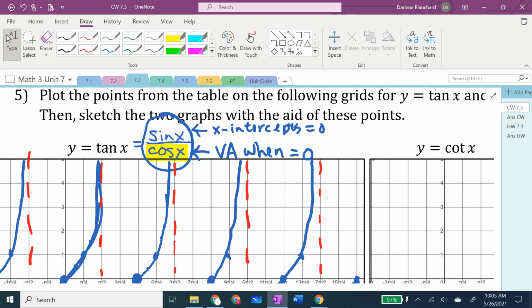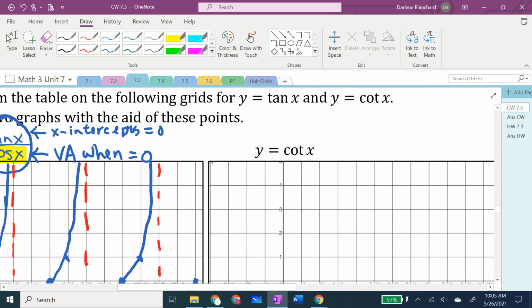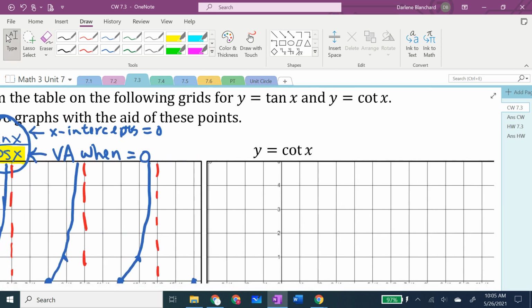For the graph of cotangent, if tangent is sine divided by cosine, then cotangent is cosine divided by sine. And I'm going to fill in some of the missing blanks, but I'm going to start with anywhere that sine x is equal to 0, cotangent has vertical asymptotes.